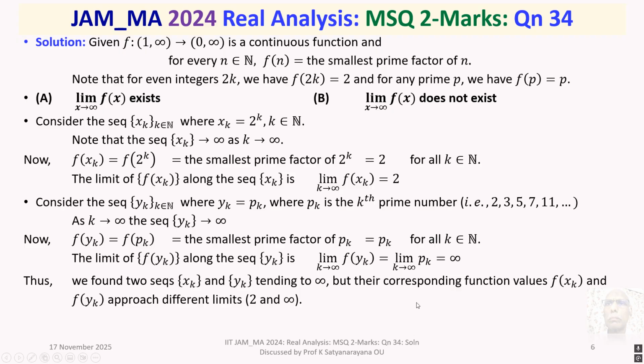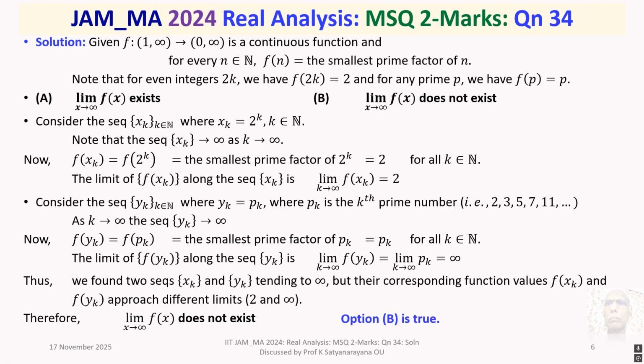So therefore the limit does not exist. If the limit exists, if f is continuous, they must approach the same limit. Therefore, limit x tends to infinity of f of x does not exist. Thus, option B is true.